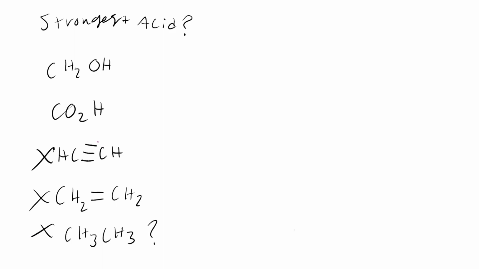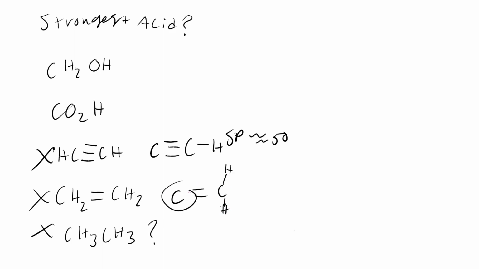If you want to know the pKa, a triple bond is going to have CH, right? So it's going to be like that. That's 2 things attached to us. That's sp, sp is like 50, okay, for carbons. For this one, it's carbon double bonded with that. So what is this? 1, 2, and 3. It's sp2. That's like 44, right?